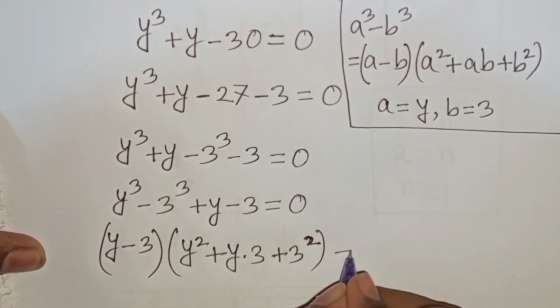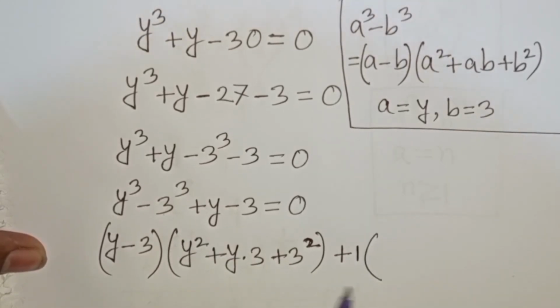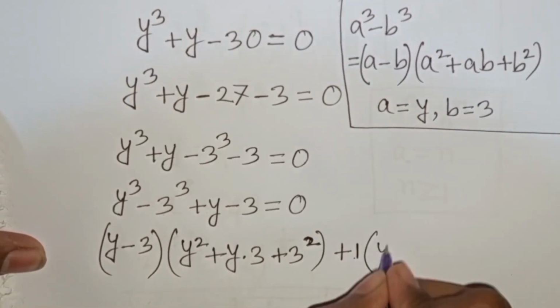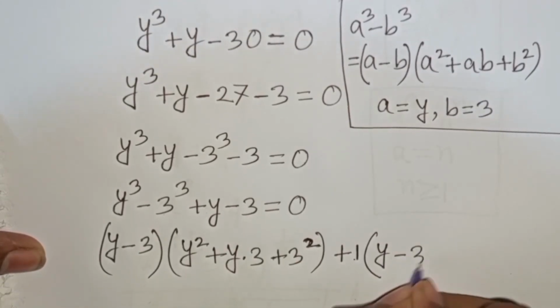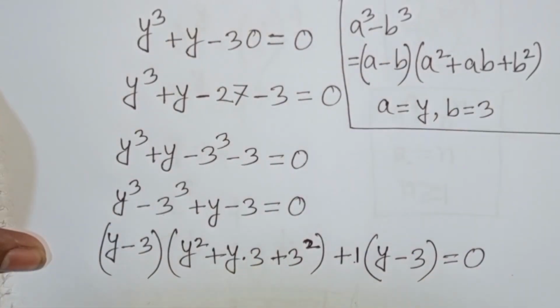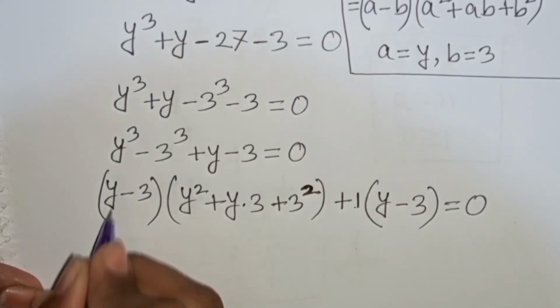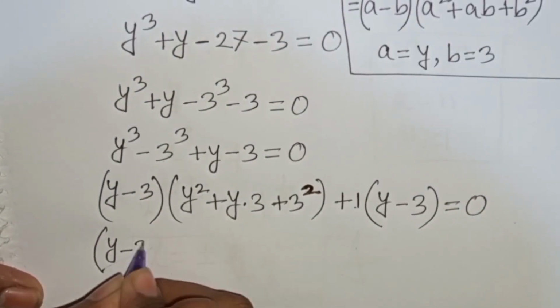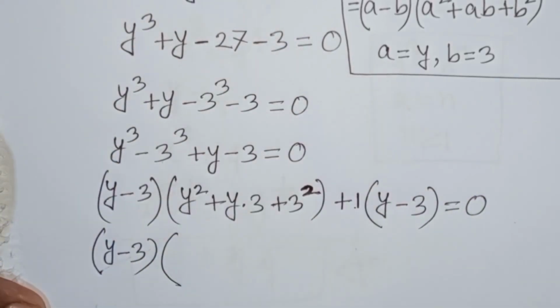Then plus, here we take common, plus 1 is common, so plus 1 is out of the bracket, so this divided by this, that means it will be y minus 3 divided by plus 1, that means it will be minus 3, then bracket close is equal to 0. Now we see y minus 3 is common, so take common y minus 3, so bracket y minus 3 is out of this bracket, so this divided by this, that means y minus 3 will be cancelled.